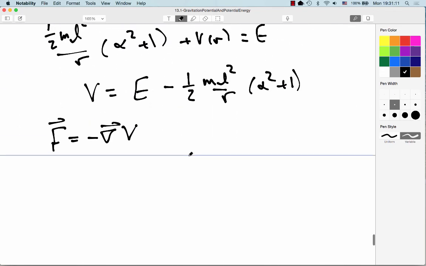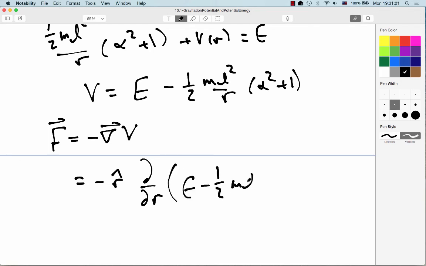So this becomes minus r hat partial r of our E minus 1/2 m L squared over r squared times alpha squared plus 1.